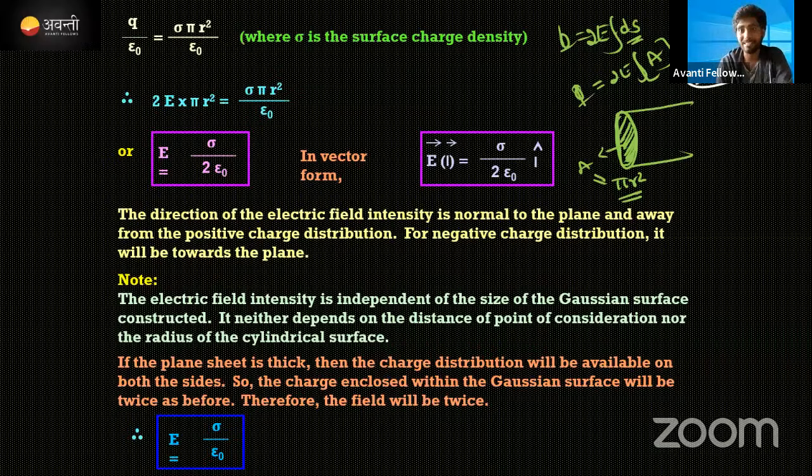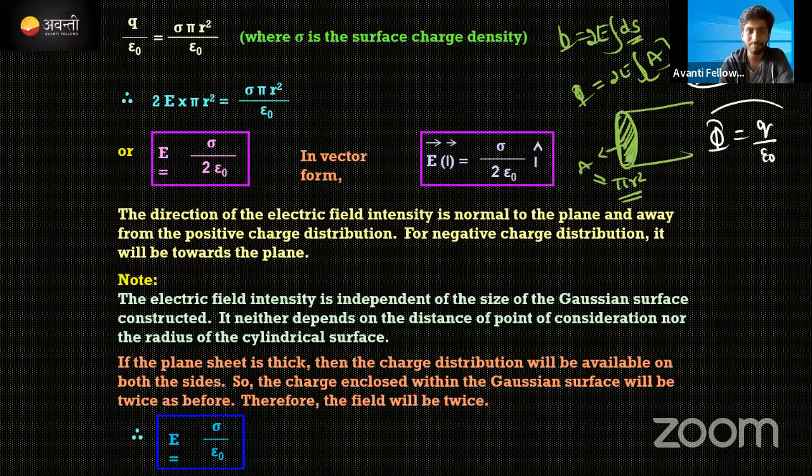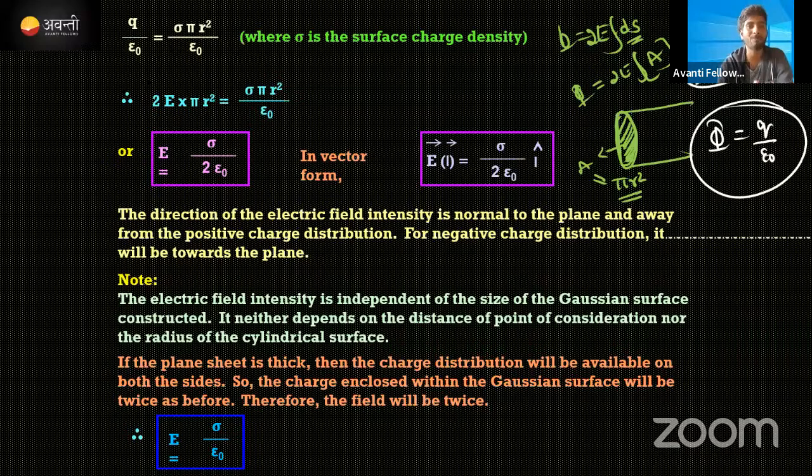According to Gauss law, what is the flux value? It is equal to q upon epsilon naught. Correct? I wrote q upon epsilon naught here, but what is this, how did it come, nothing is known if I'm not explaining this.